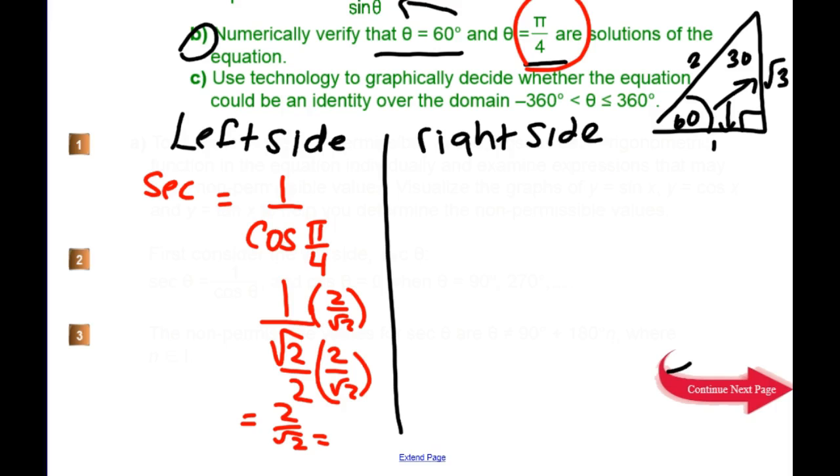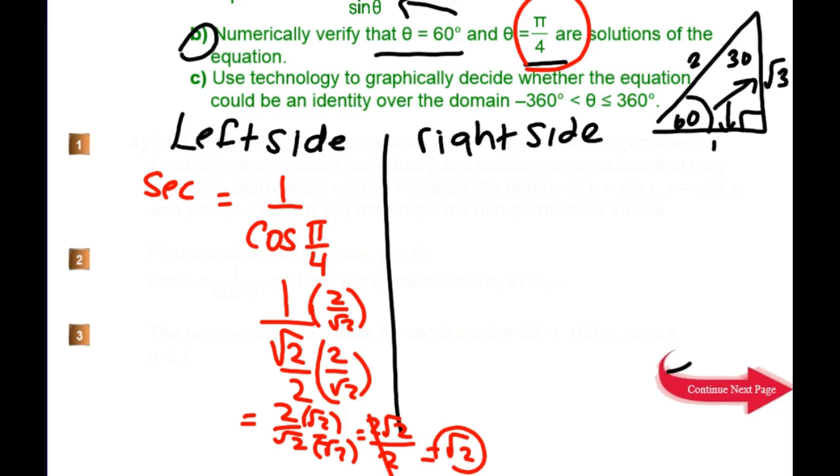So we would multiply by root 2 over root 2. So in the top you get root 2 times 2, and root 2 times root 2 is root 4, and the root of 4 is 2. So when we break it all down, we end up with root 2.